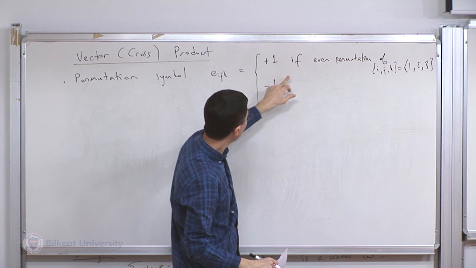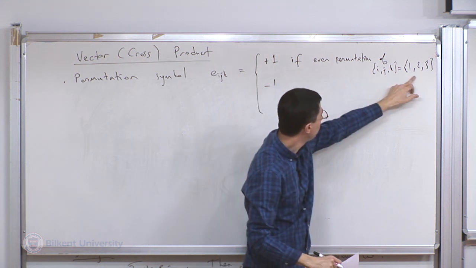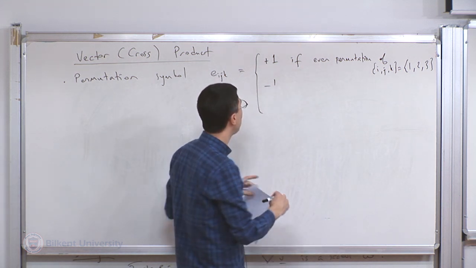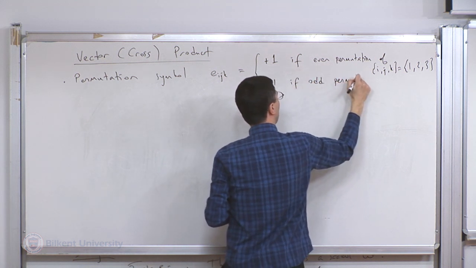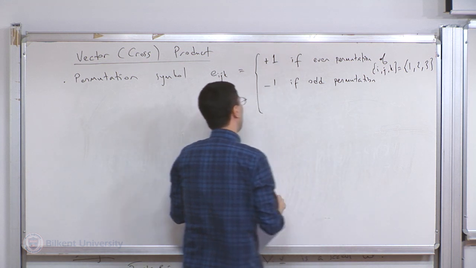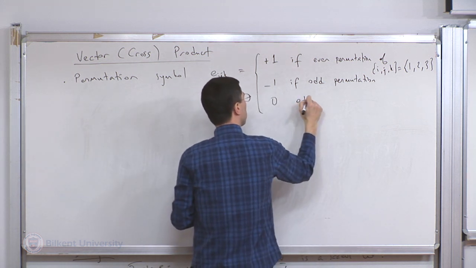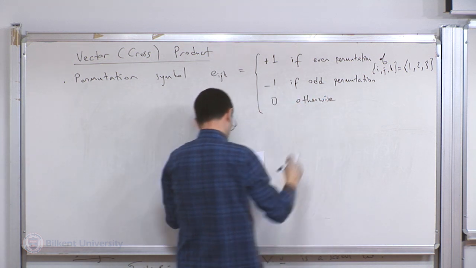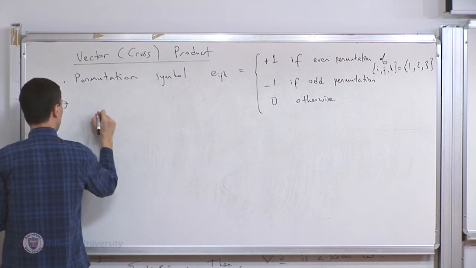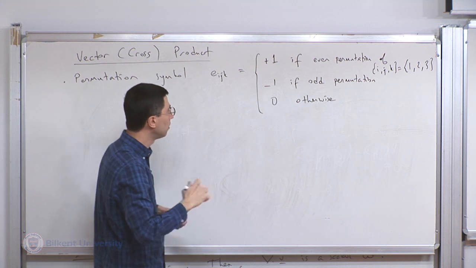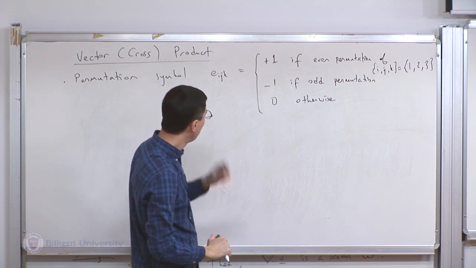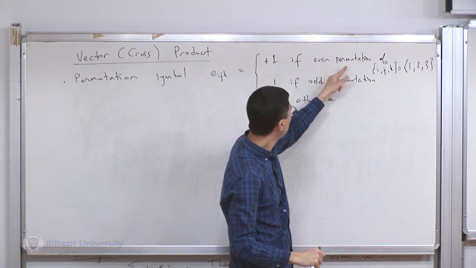And if it is an odd permutation of this triple, it will be a -1. And it's 0 otherwise. Maybe first I can give a short example about what permutation means.